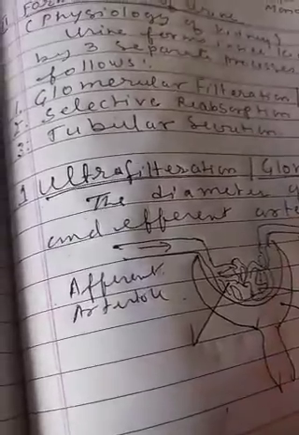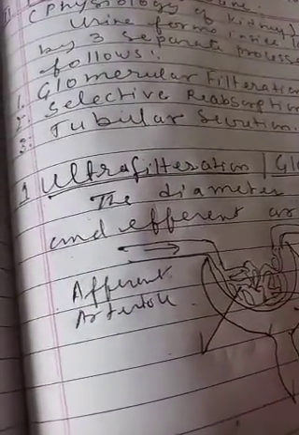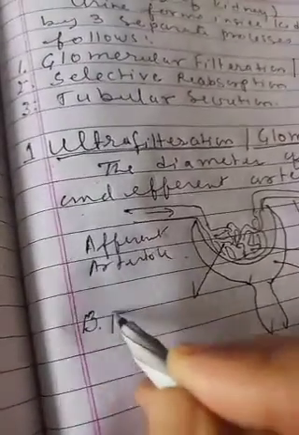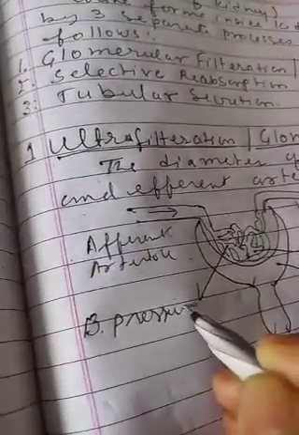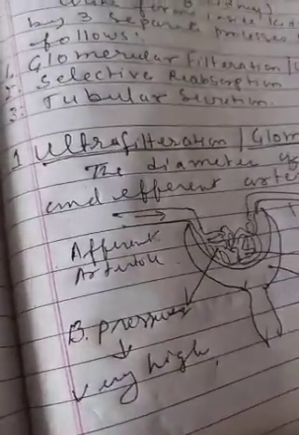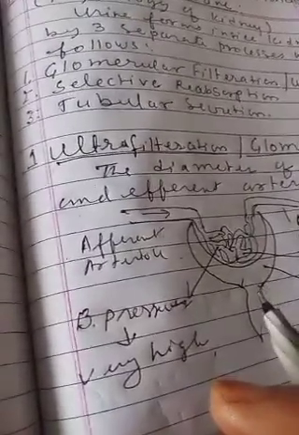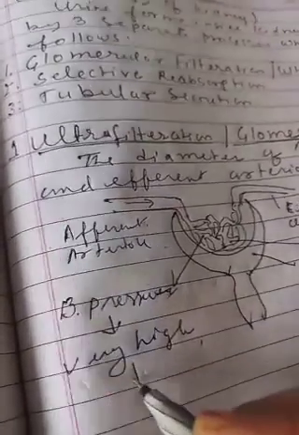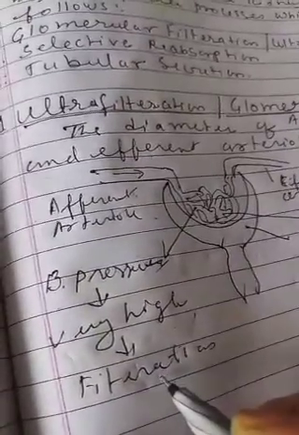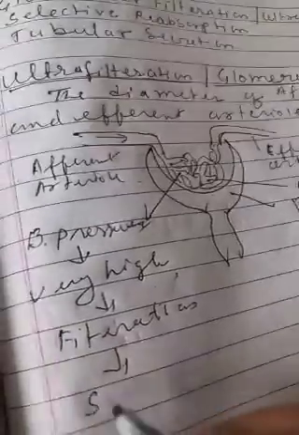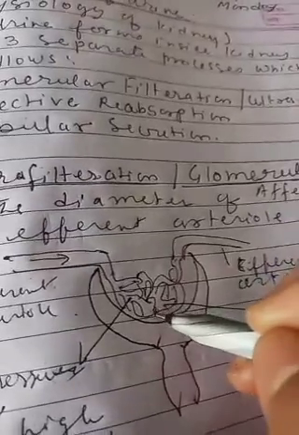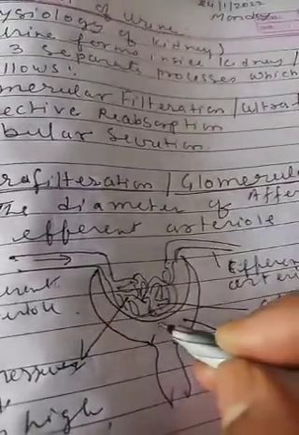Which pressure? The blood pressure becomes very high in the glomerulus. Due to which filtration occurs through the semi-permeable membrane in the capillaries of the glomerulus.